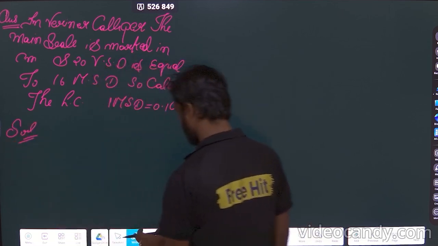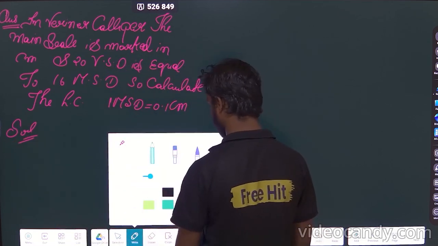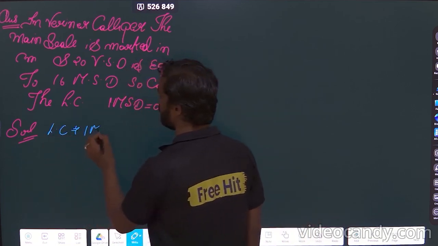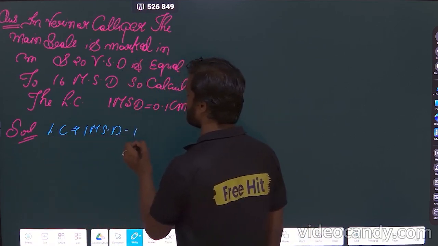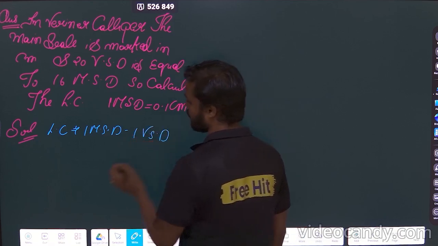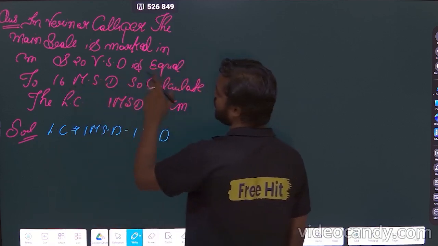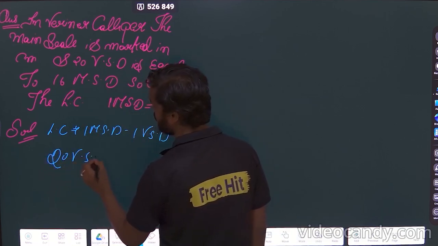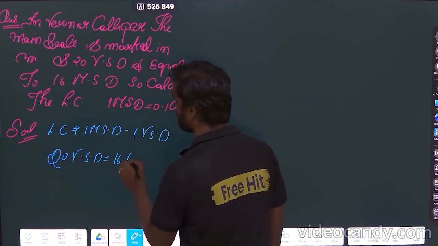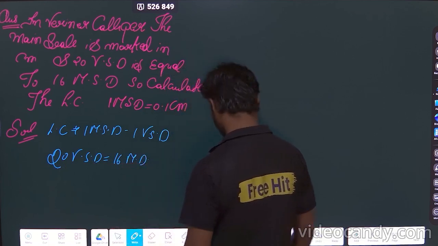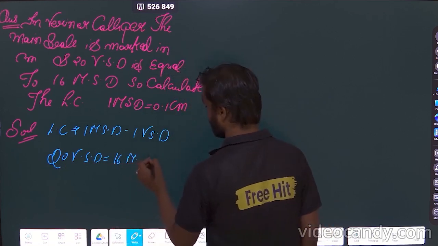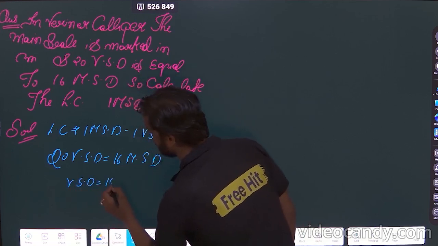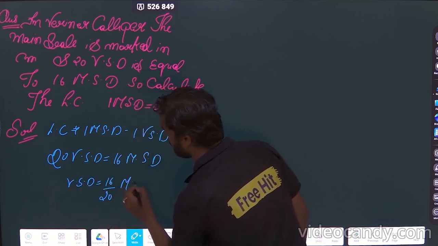It's very simple. See, least count is 1 MSD minus 1 VSD. Clear? What is the relation given? 20 VSD equal to 16 MSD. So from here I will get my vernier scale division as 16 by 20 main scale divisions.